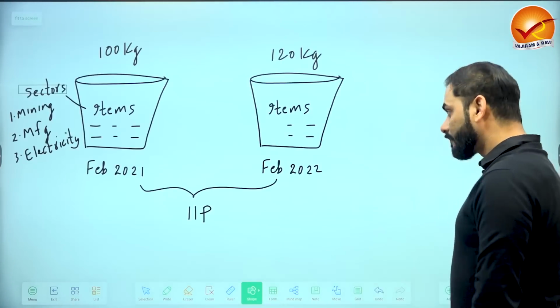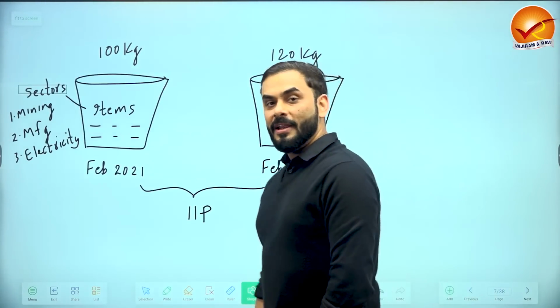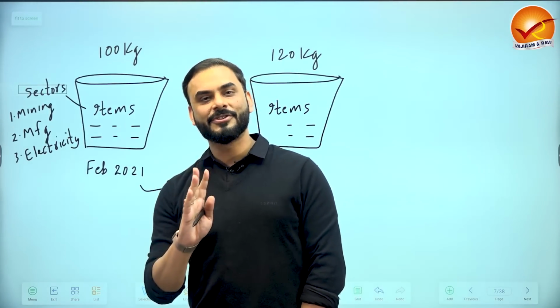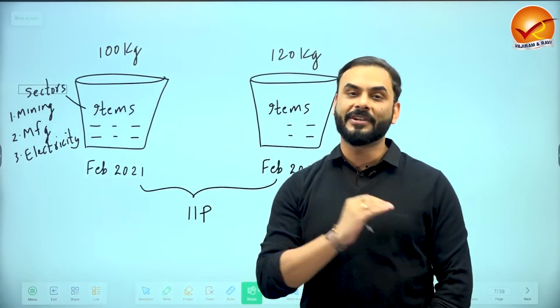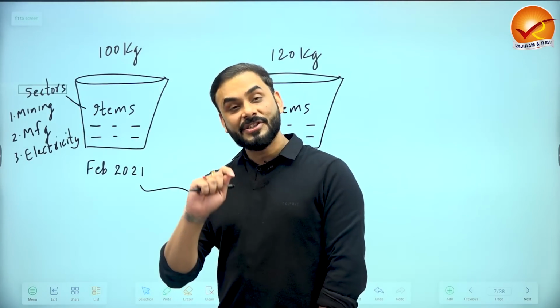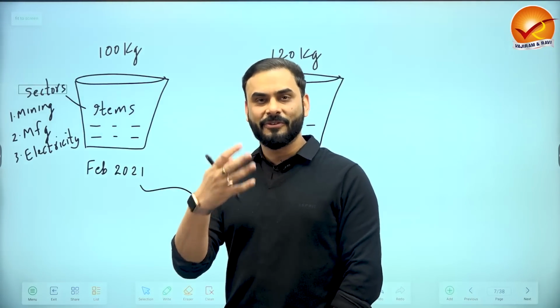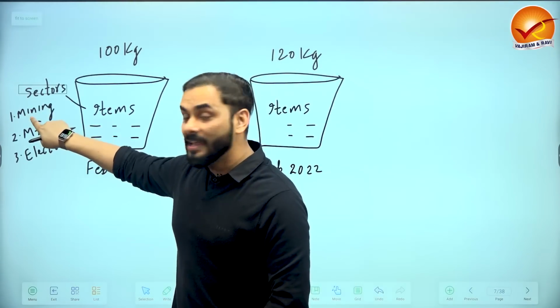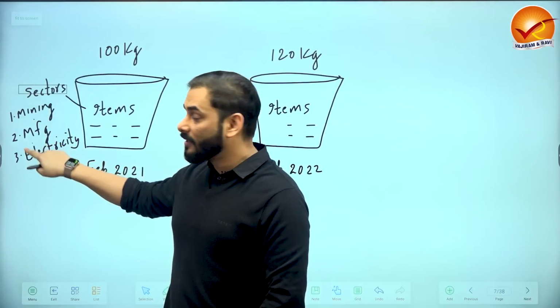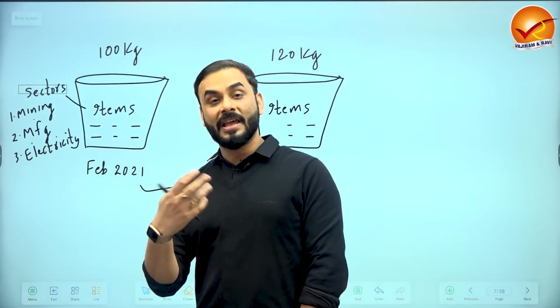So see, let's do one thing. Let us go to different types of industries or industries belonging to different sectors. So if you take sector as the benchmark, how many sectors can you think of in terms of industries? For example, mining. Mining could be one of the type of industries. Second could be manufacturing. Third could be energy, means electricity.